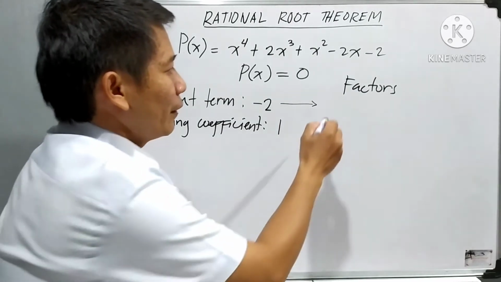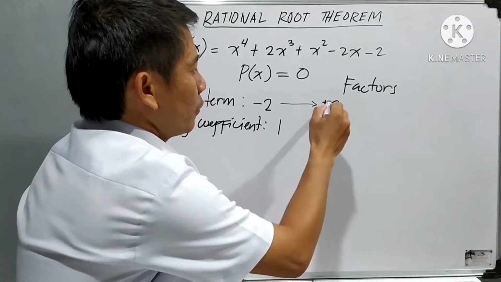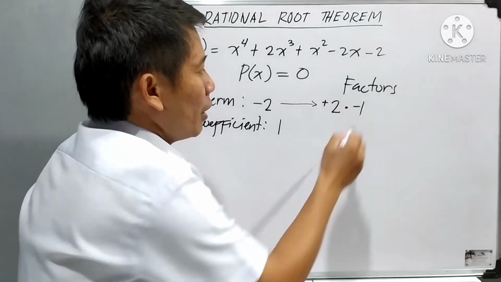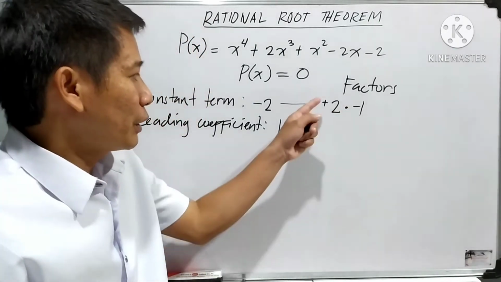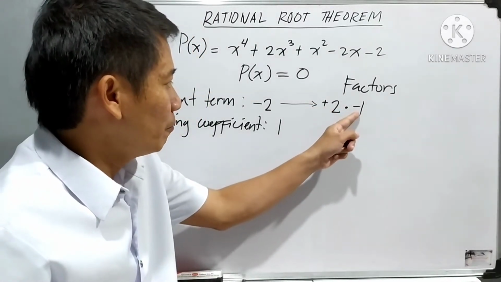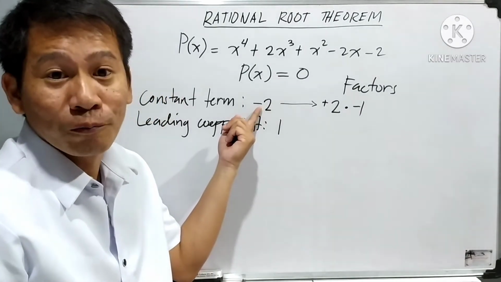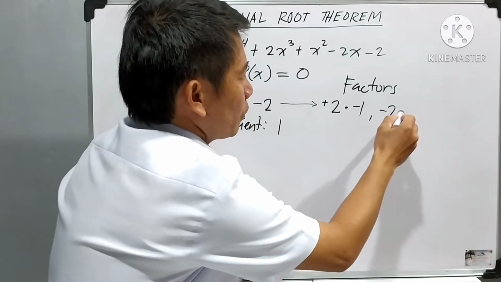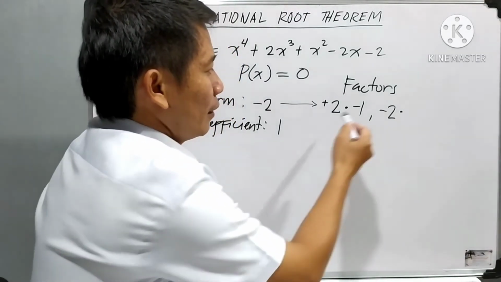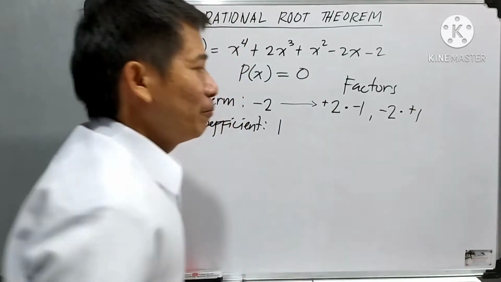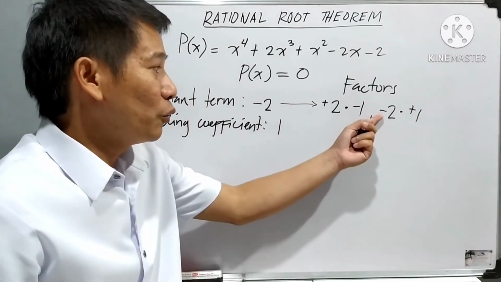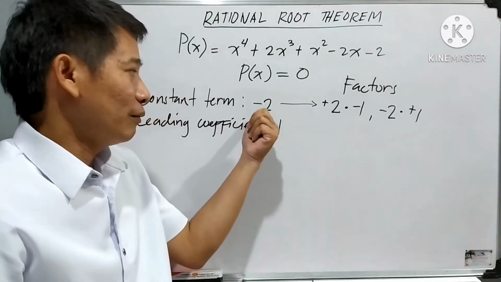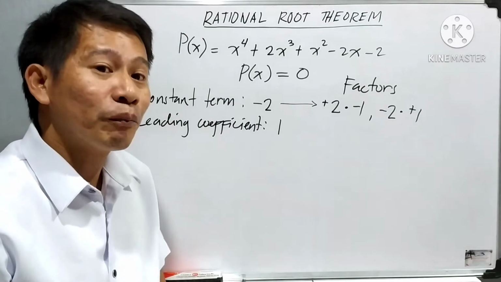We can have positive 2 times negative 1. Why? Because positive 2 times negative 1 is negative 2. Another one, we can also have negative 2 times positive 1, because negative 2 times positive 1 is also negative 2.